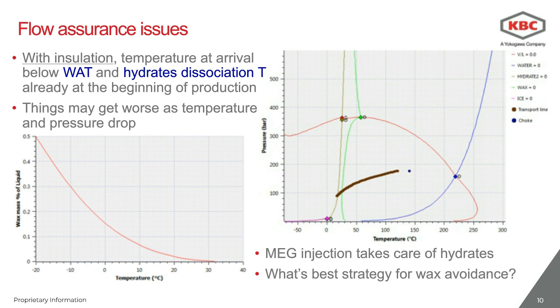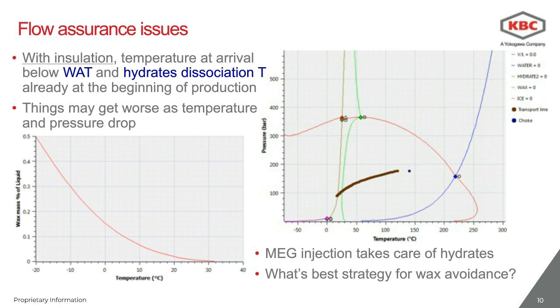You can see it's crossing the wax appearance temperature and the hydrates dissociation temperature towards the end of the flow line. This is three-phase flow for most of the flow line. It's all in the two-phase region from the choke onwards, with presence of free water and potential formation of wax and hydrates at the end of the flow line.